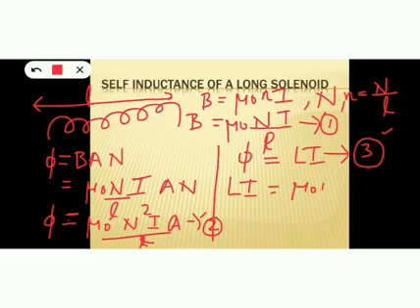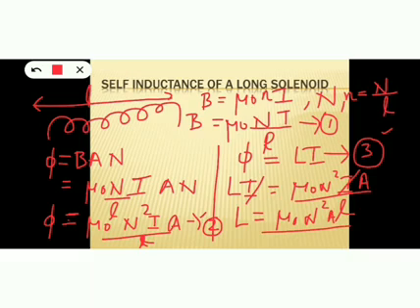Mu 0 N square I A by L. Now here we have I, and here we have I, so like terms are cancelled. Then what is left? We are left with L is equal to mu 0 N square A by L. Okay, so this is the expression for the self-inductance of a long solenoid.